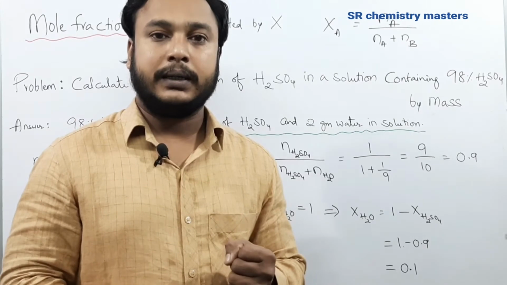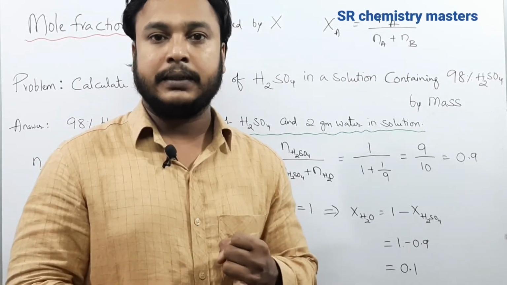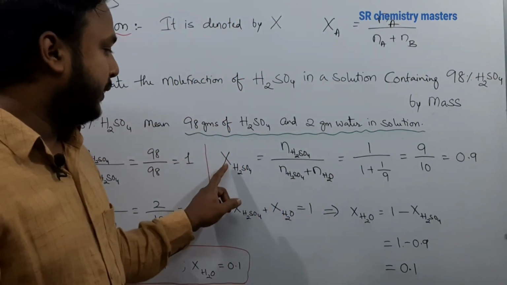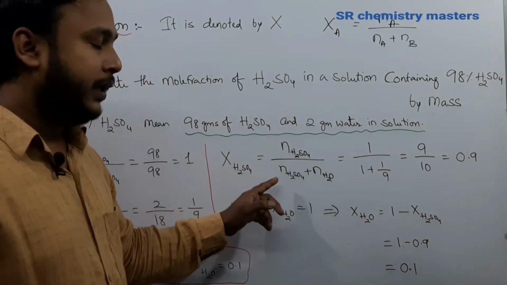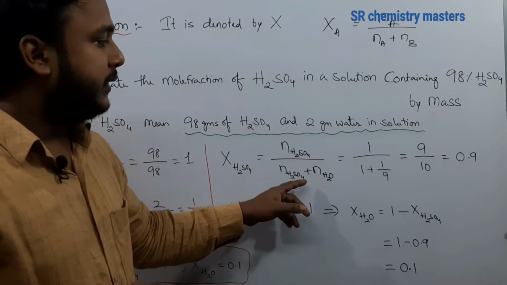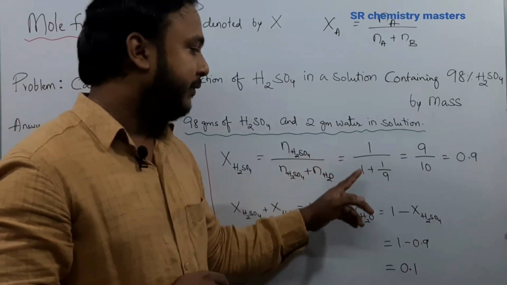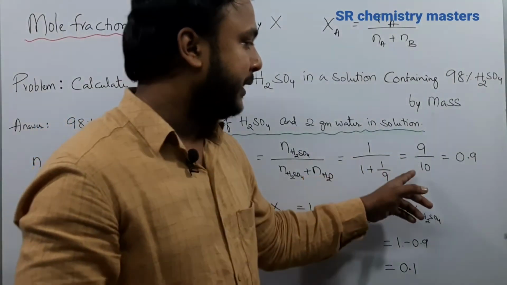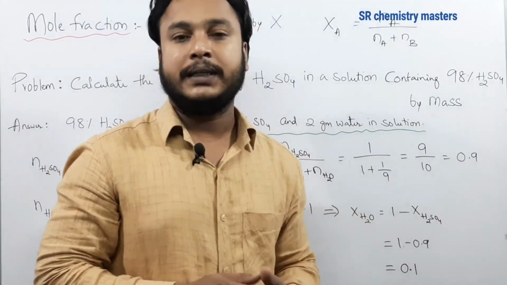Once we know the number of moles of water and of sulfuric acid, that is H2SO4, we can use the formula: mole fraction of H2SO4 is equal to the number of moles of H2SO4 by the total number of moles of all the components in the solution. On substituting the values, we get 1 by 1 plus 1 by 9, which on simplification gives 9 by 10, whose value is 0.9.